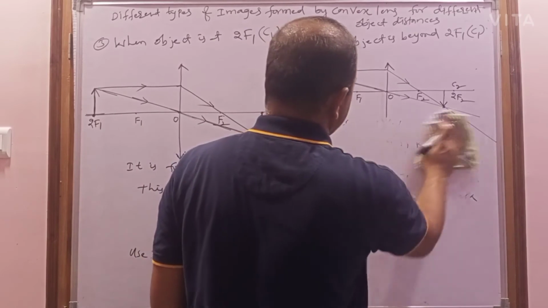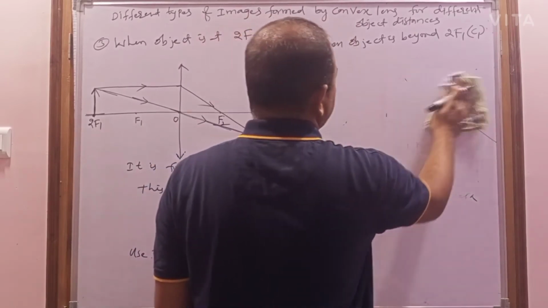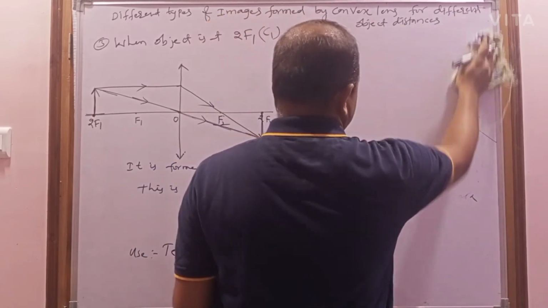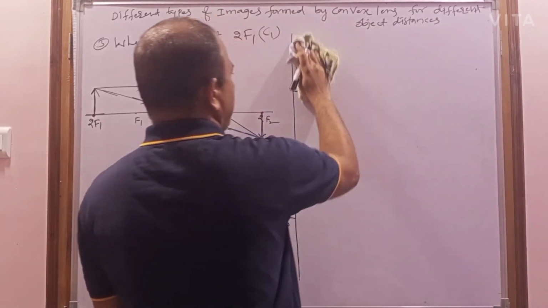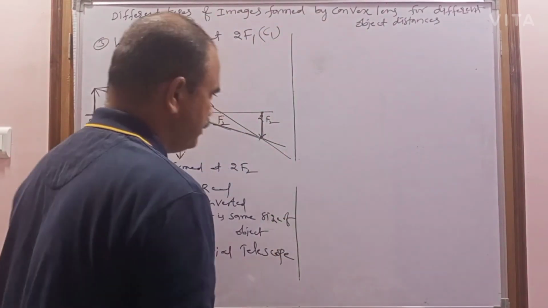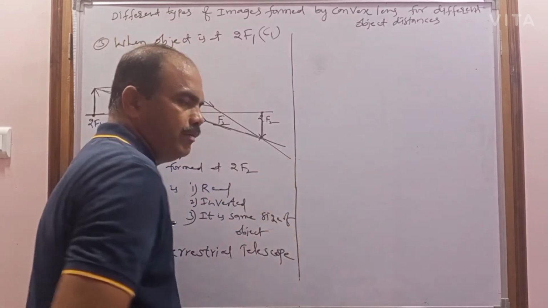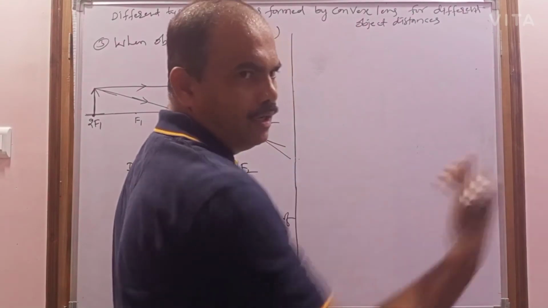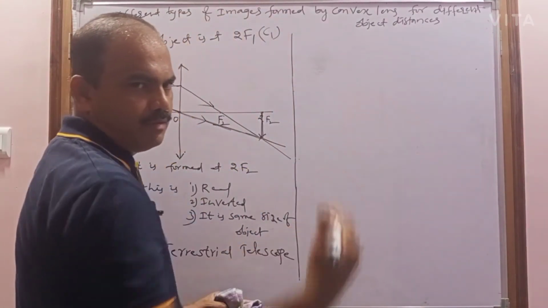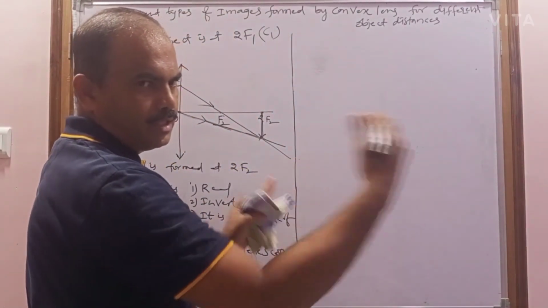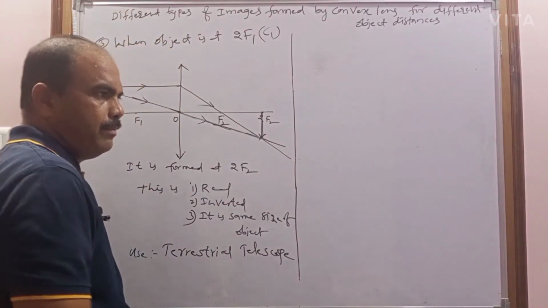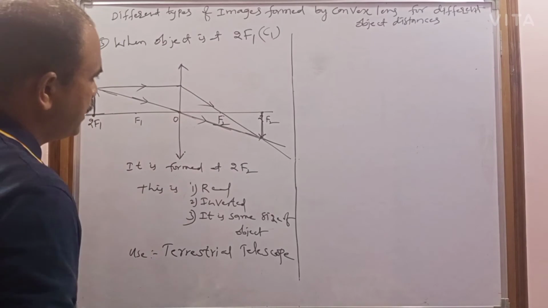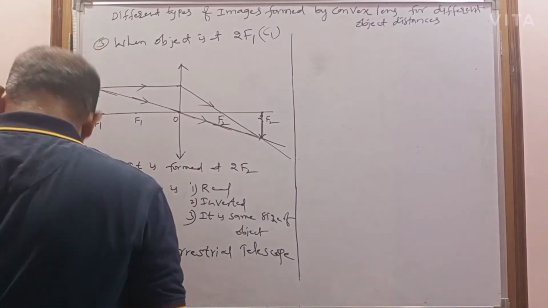Now coming to the fourth one. The fourth object position is when the object is between 2f1 and f1. First of all, the object is at infinity, after that beyond 2f1 or c1, and next the object is between f1 and 2f1. The object distance is decreasing, and the object approaches the lens.